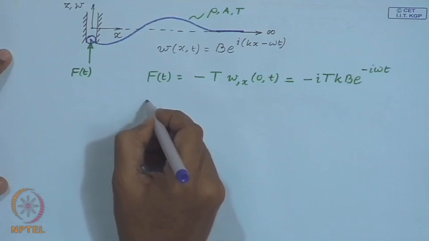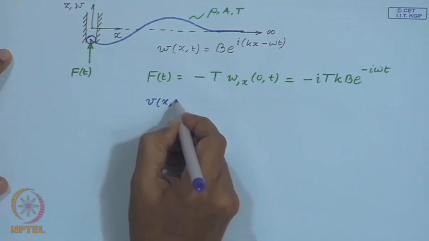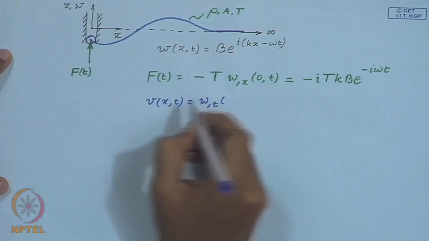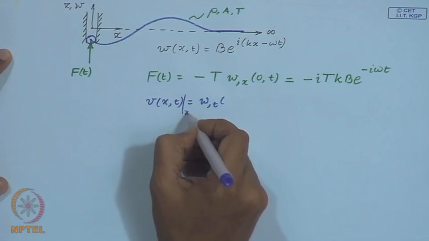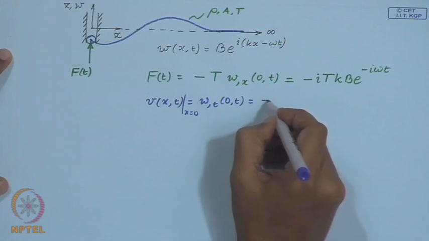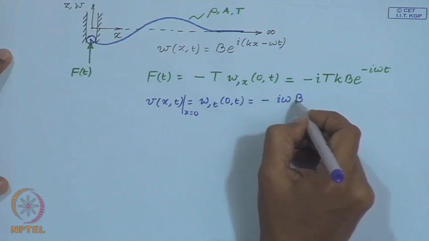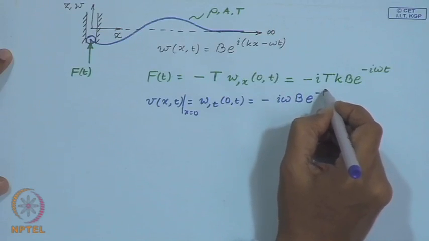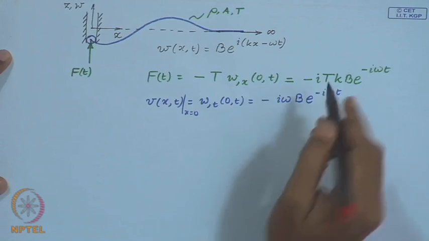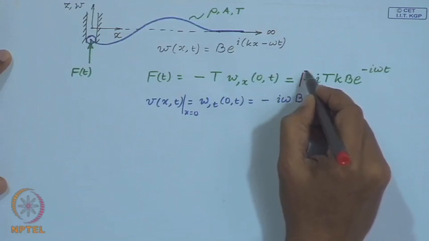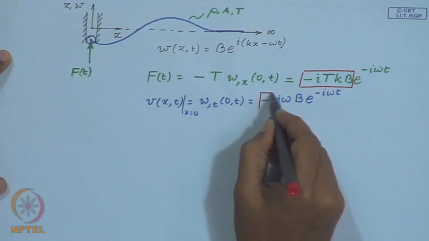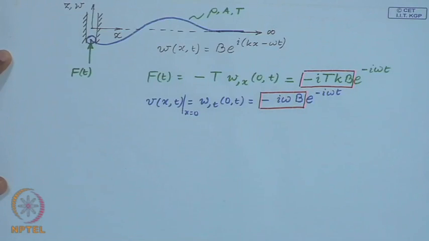Now, the velocity at x equal to 0 is given by, so, the complex force amplitude is this part and the complex velocity amplitude is this.